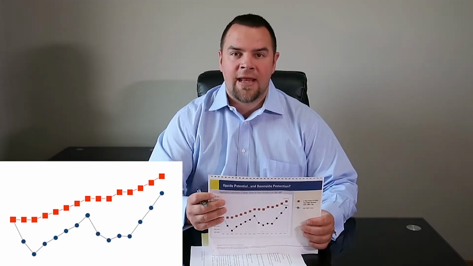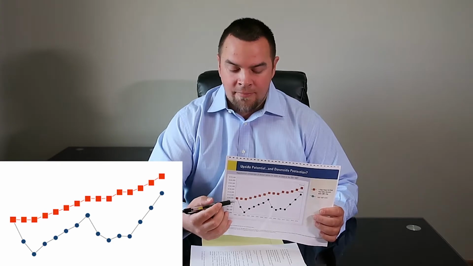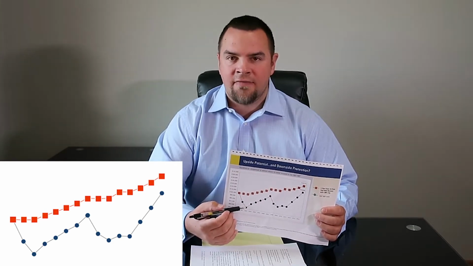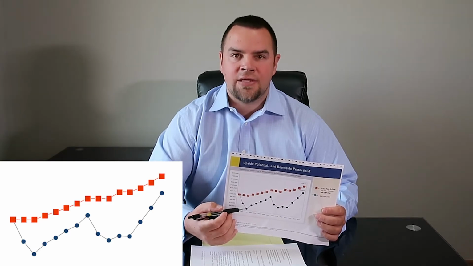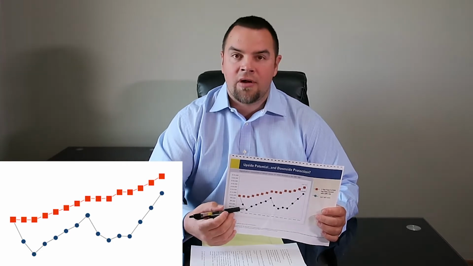Growth annuities have a floor on them, which means if the index that they're invested in goes down in value, year over year, their account value is going to stay the same. As an example, on this type of graph, let's pretend the orange line is at 100,000, and the market dips, this blue line goes down significantly because of the next pandemic, the next financial crisis, the next president, whatever it ends up being, the market crashes.